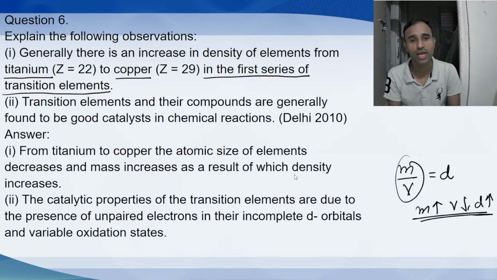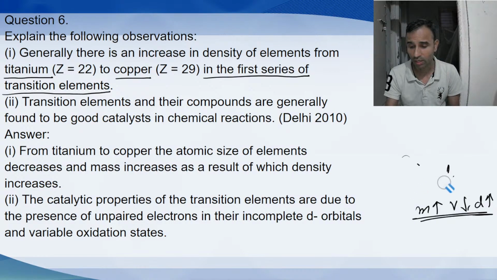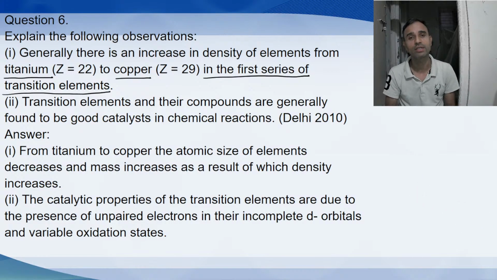Next, transition elements and their compounds are generally found to be good catalysts in chemical reactions. Now, what is the role of a catalyst? Very good. It will increase the rate of reaction.